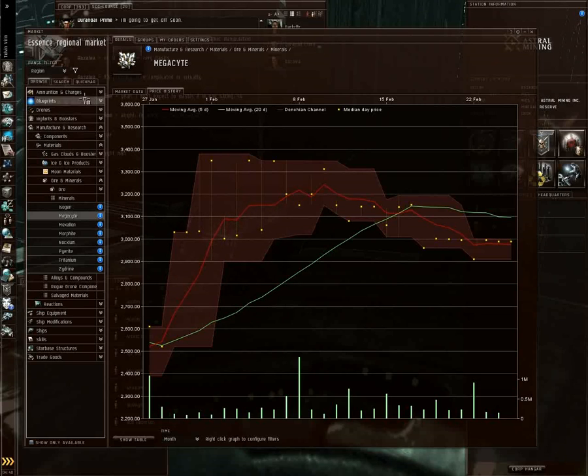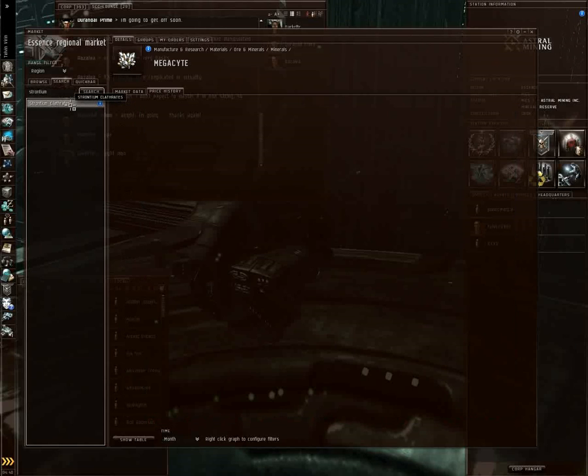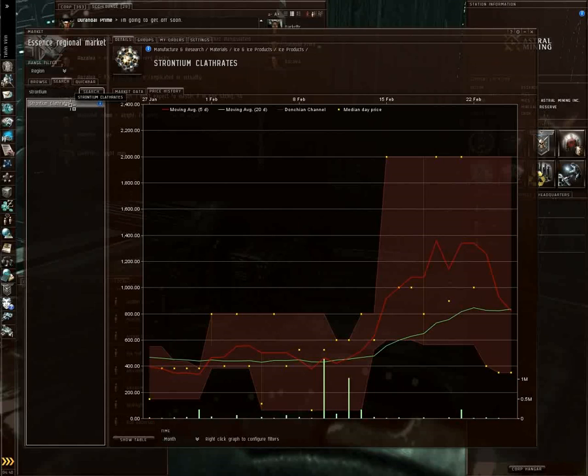Let's look at something a bit stranger just to finish off. Let's look at the strontium. Then we get into all the player-owned structure business. As you can see, there's a really wide dungeon, so there's potentially a lot to be made, and it's looking like it's trending upwards, but this is actually a market manipulation event.